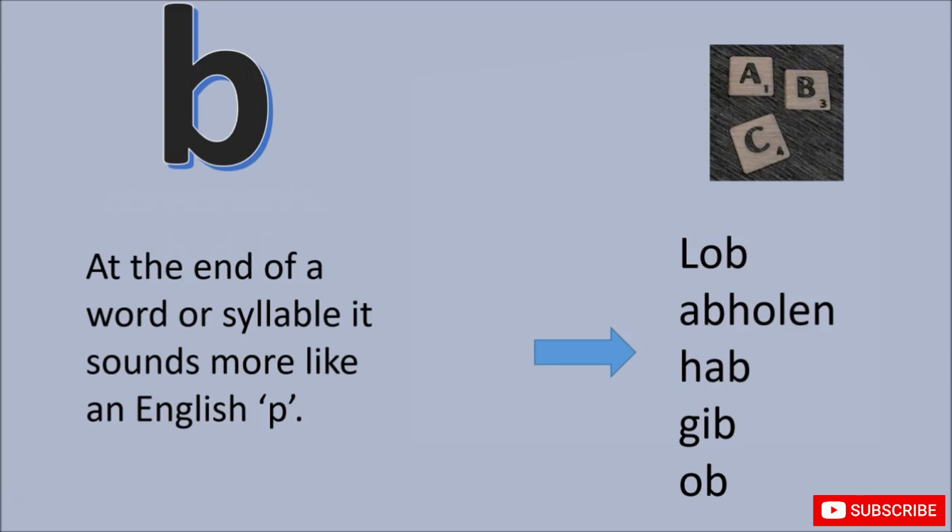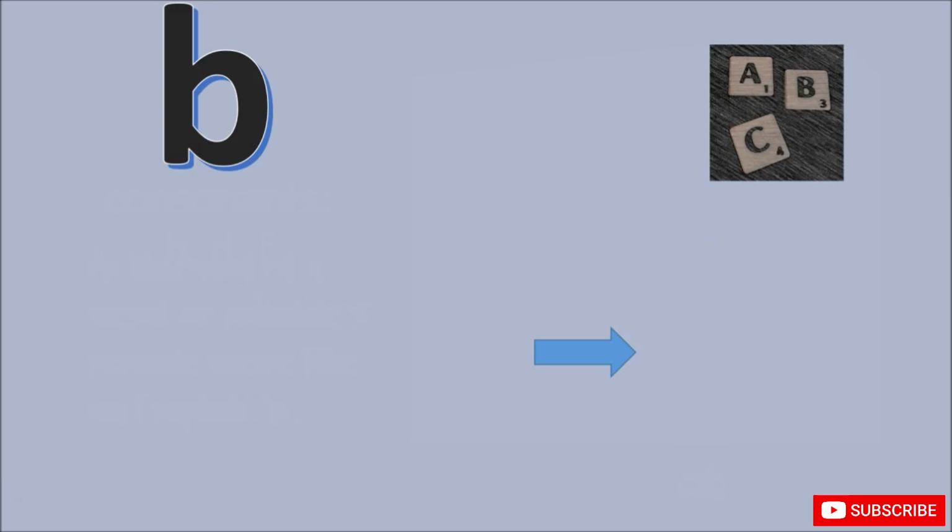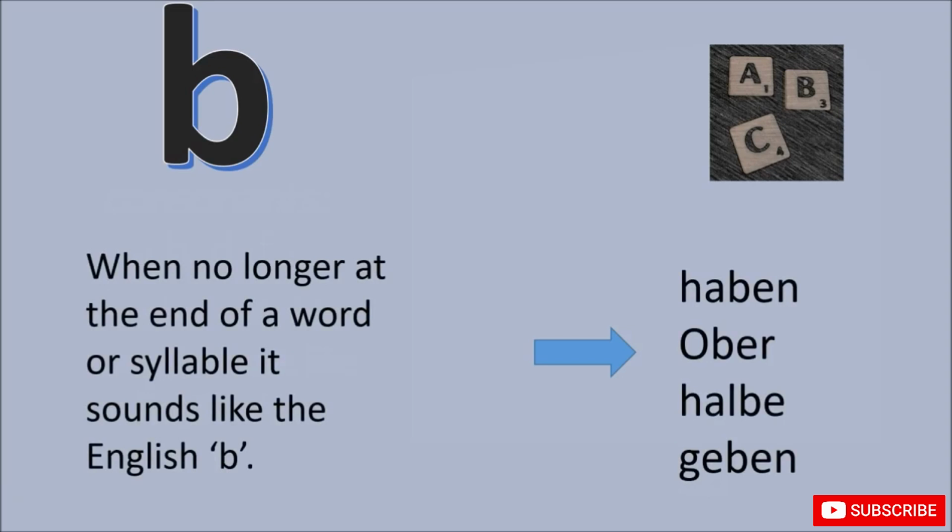Lob, abholen, hab, gib, ob. But when it's no longer at the end of a word or a syllable, then it sounds like the English B. Haben, ober, halbe, geben.